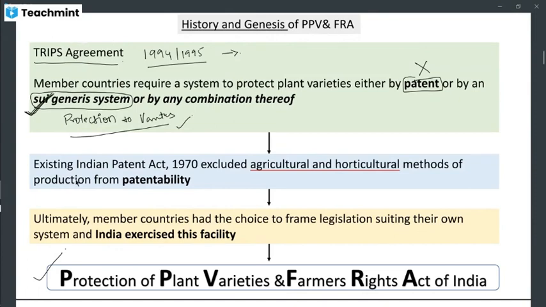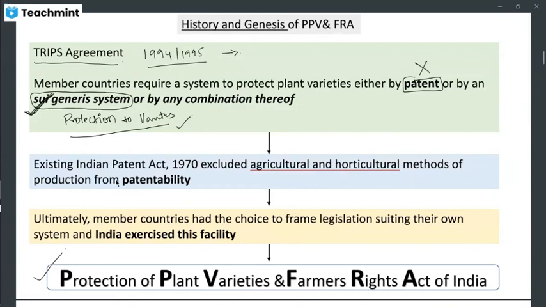So this is very important. It can come in statement type questions. According to the TRIPS agreement, all the member countries need to have a system to protect plant varieties. They can either protect by using patents, or they need to establish a sui generis system. In case of India, the Indian Patent Act has excluded agricultural and horticultural production methods from patenting.